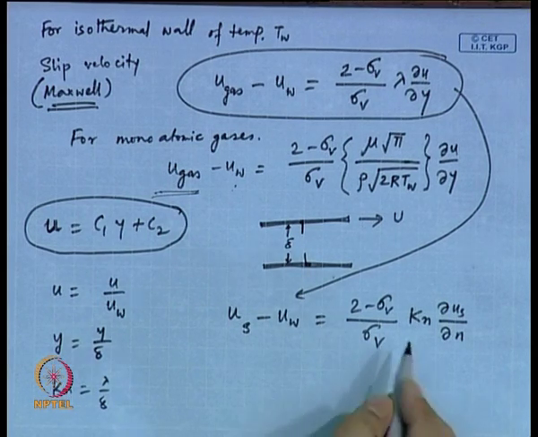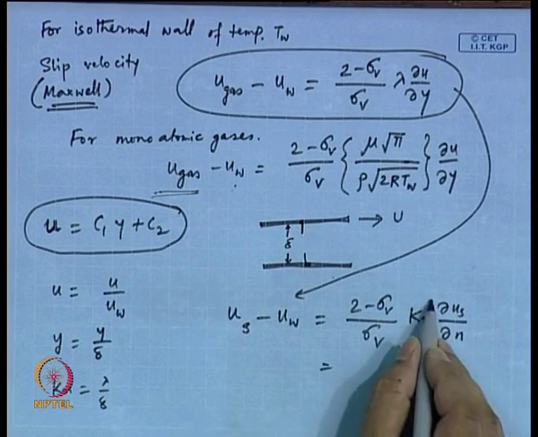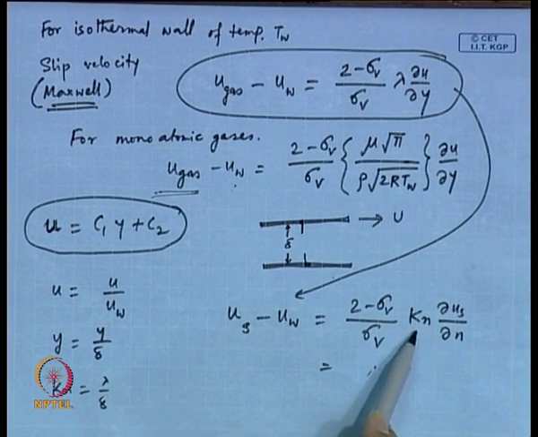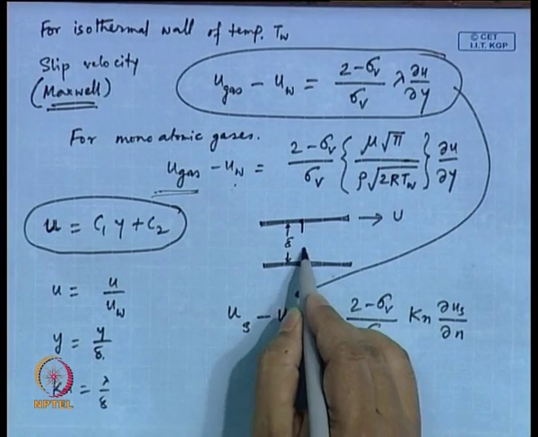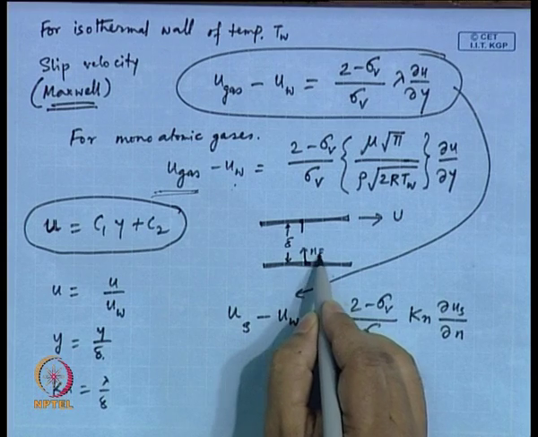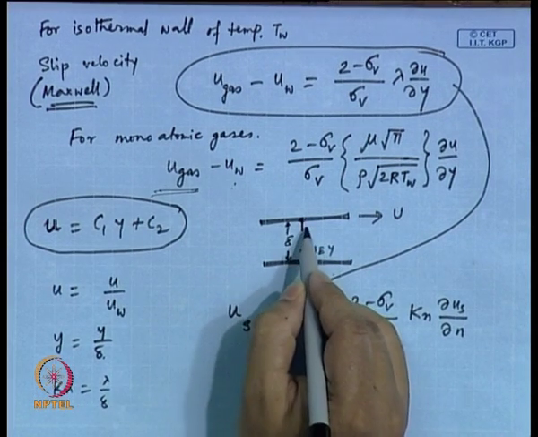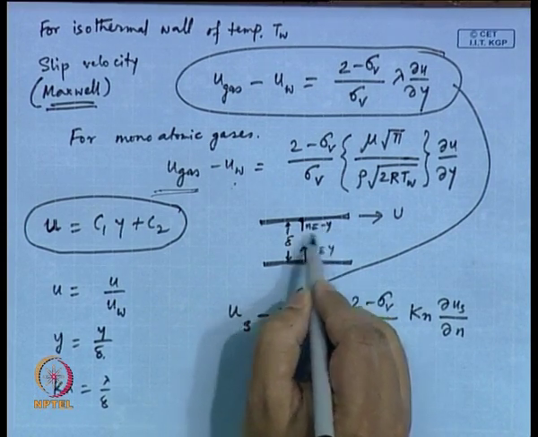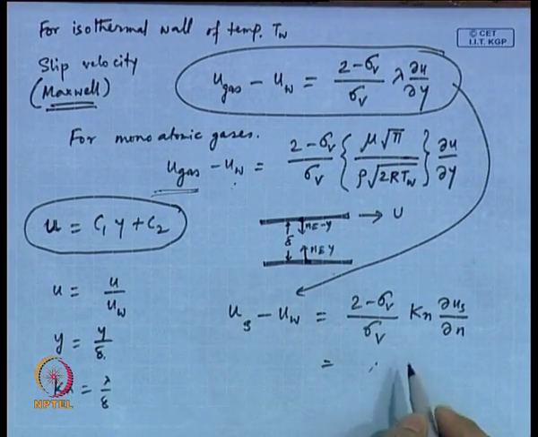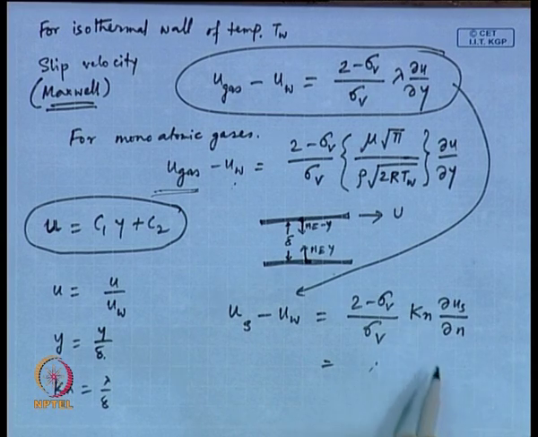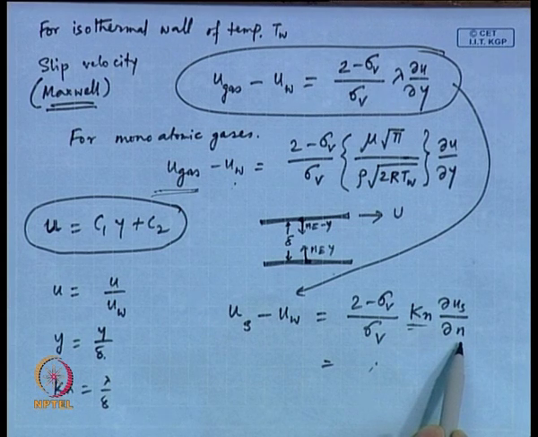So, we can write this further, and why are we getting into Knudsen number, you understand that, right. Knudsen number is lambda by delta, and then we have already y is equal to y by delta, and n is equivalent to y when it comes to this direction, and when it comes to this plate, n is equal to minus y, because n normal is against the direction of y. So, why do we have Knudsen number? Because this delta will cancel with this delta.